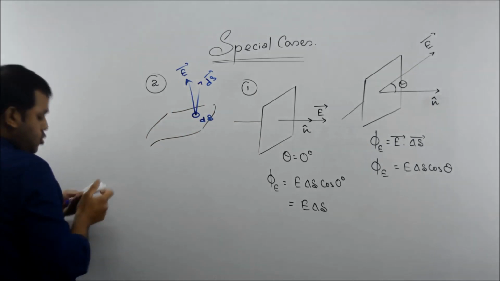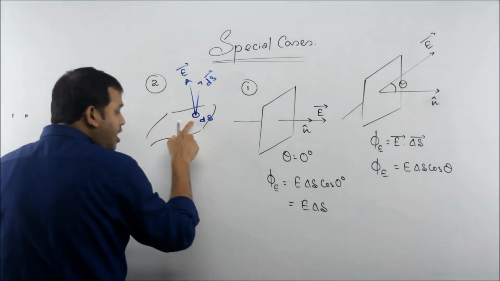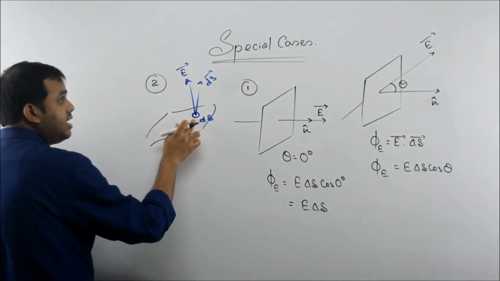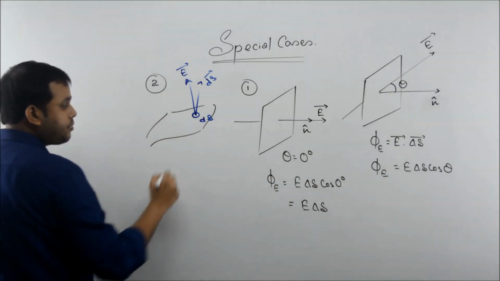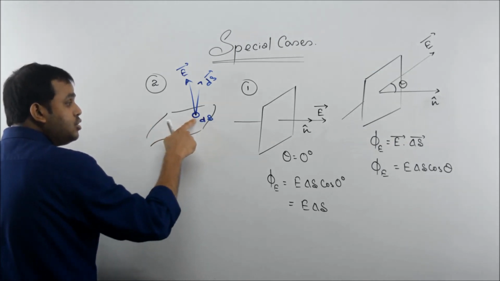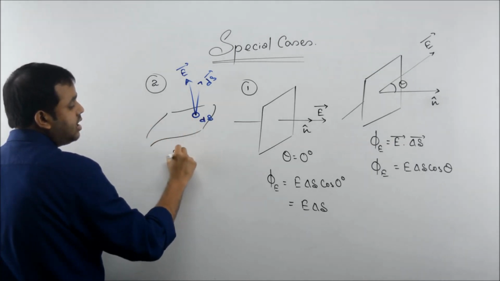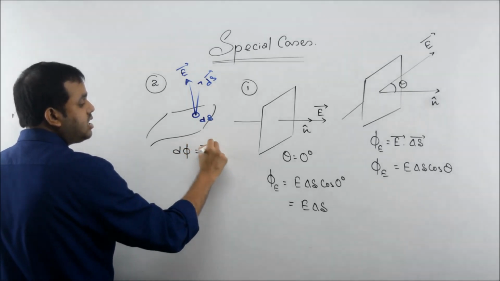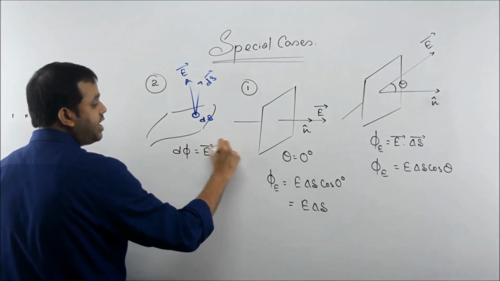Clear, student? So obviously for this small area we can apply this formula, because for this small area electric field will be uniform. So the total electric flux through this small element is d phi equals E vector dot ds vector.